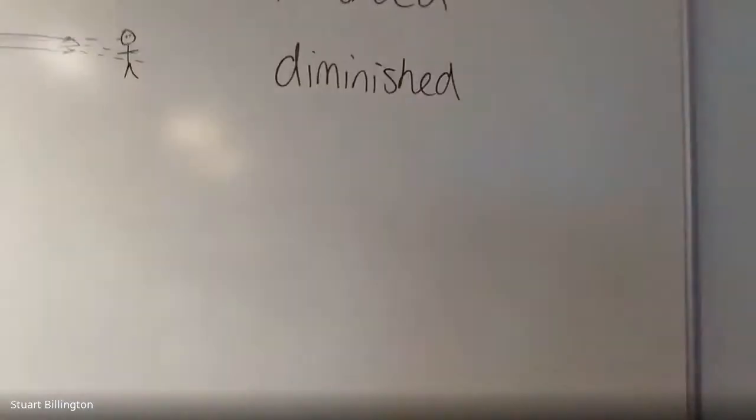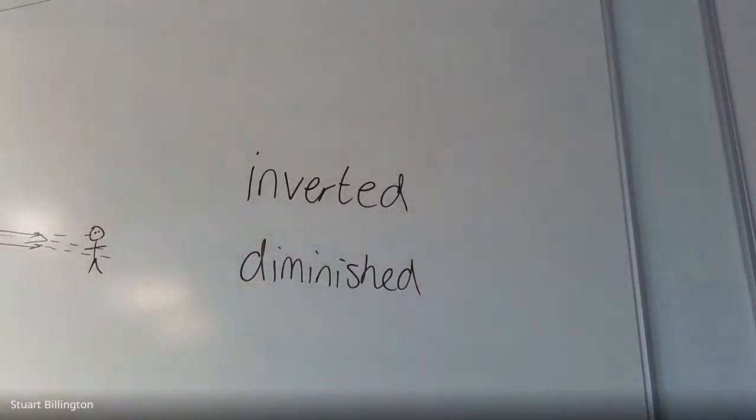Thanks, Emily. Okay, these are the two words that I want you to use. So upside down, we're going to switch to the word inverted. We've spoken before about how scientists like to use bigger words than they need to in order to sound very knowledgeable. So inverted, and also rather than smaller, we're going to use the word diminished. It's got smaller.